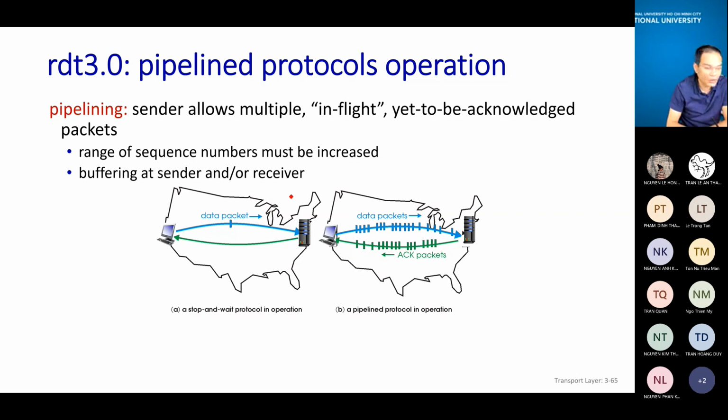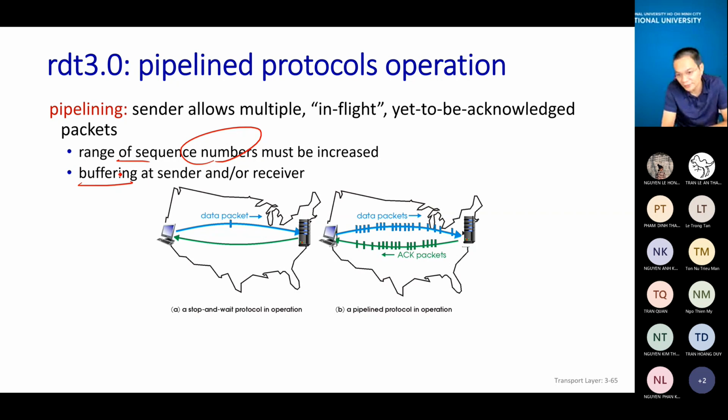So what is the requirement for this one? The range of sequence numbers must be increased. Previously, with stop and wait, we used one packet at a time. Here we're going to increase that to a very large number, and we're going to buffer at the sender or receiver.